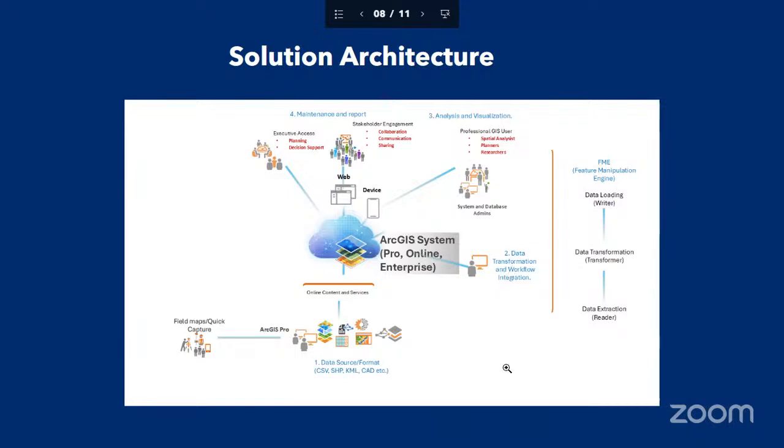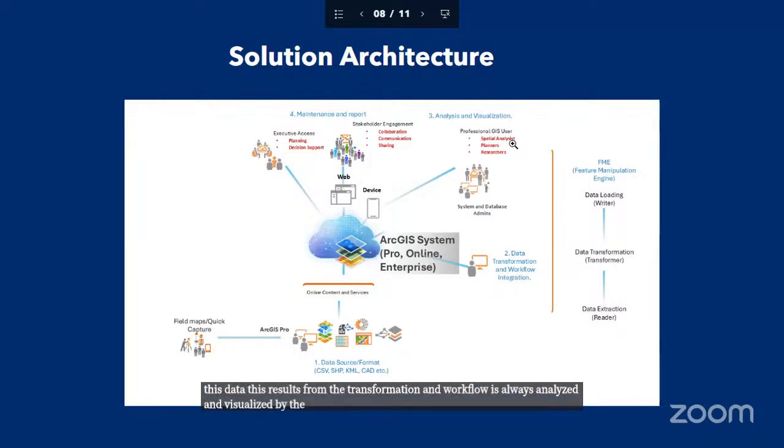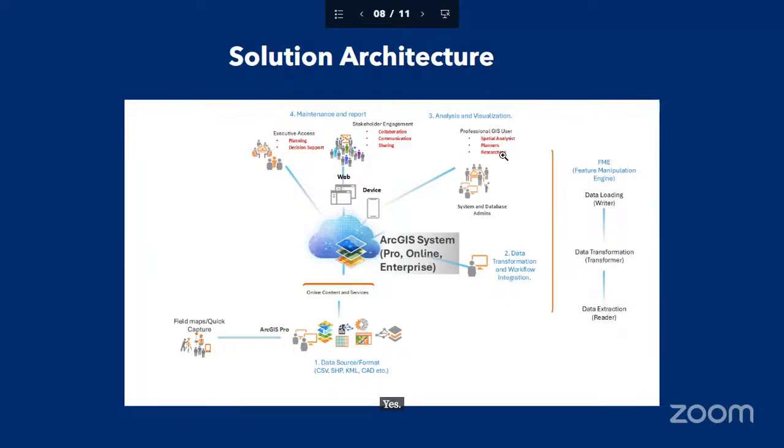After this, the results from the transformation and workflow are analyzed and visualized by GIS users, in this case spatial specialists, researchers, planners, and any other interested party who finds it important that this data can be used to solve issues related to the placement of billboards in this case.